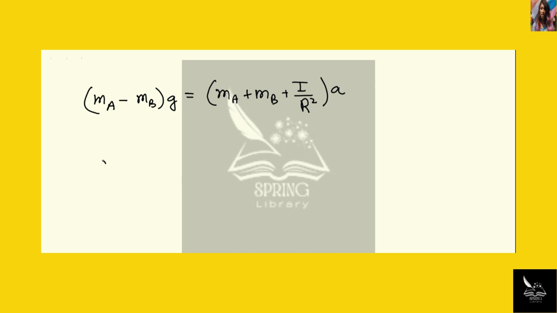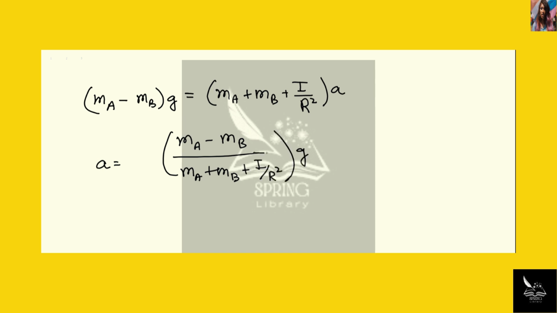And from here, if we solve for a, we'll get MA minus MB over MA plus MB plus I over R squared times G.